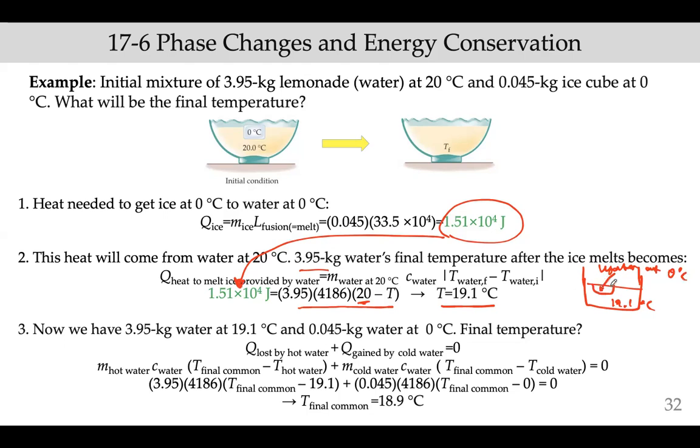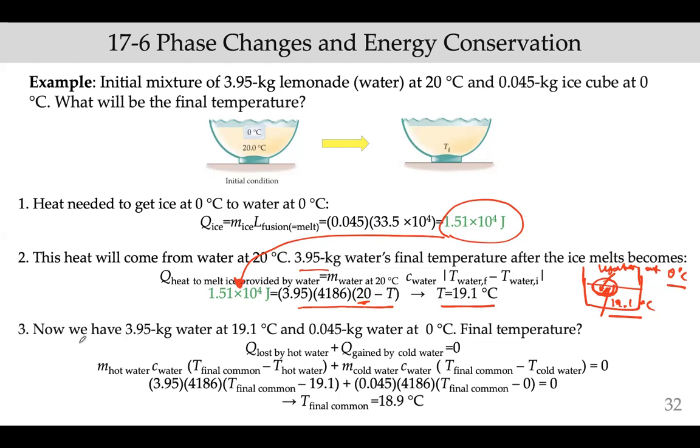So that's the melted ice. Now it's water, but it's at 0 degrees. The lemonade itself is 19.1 degrees. So the water at 0 degrees will draw more energy from the lemonade so that they can come to equilibrium.